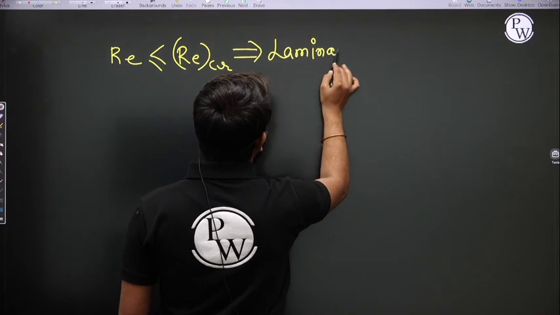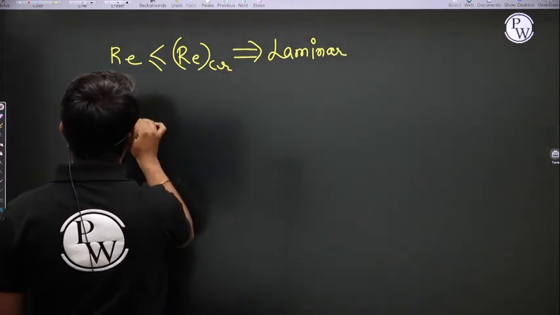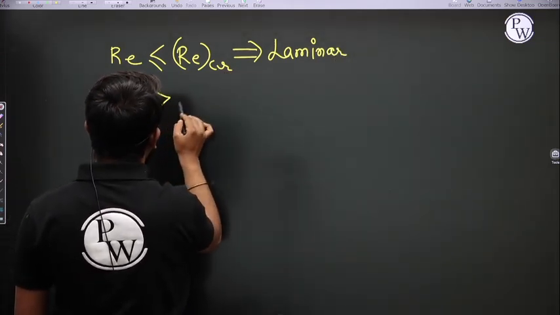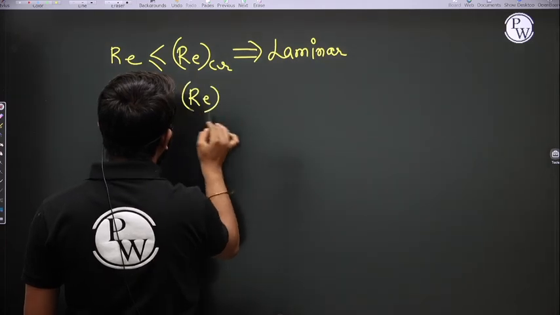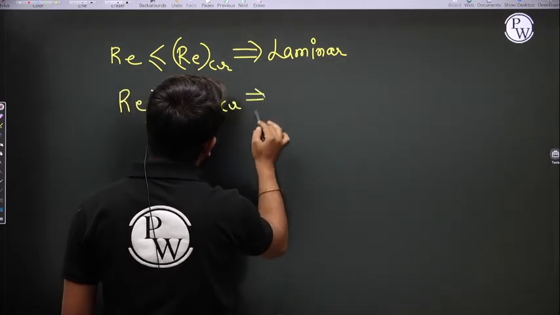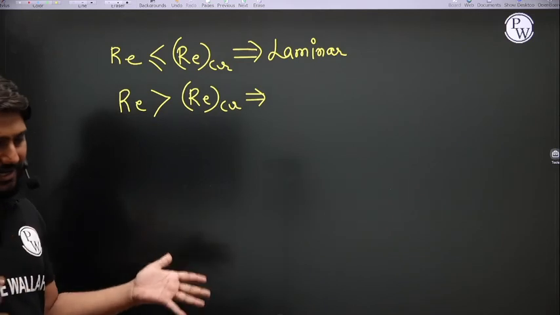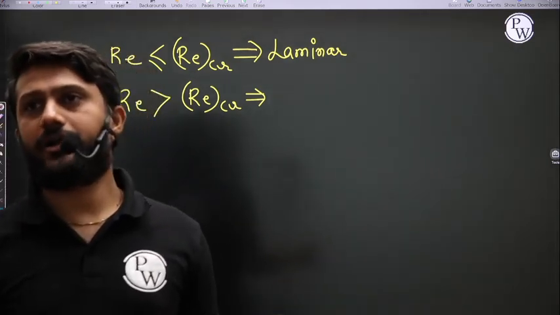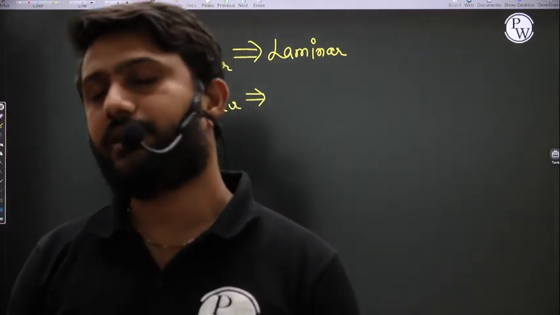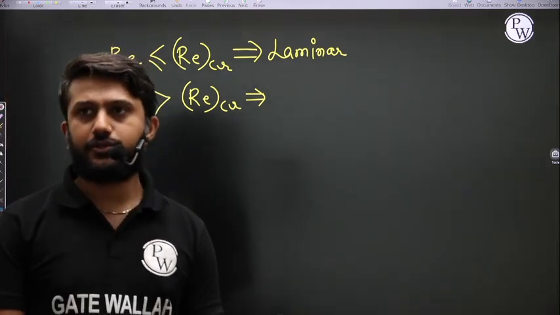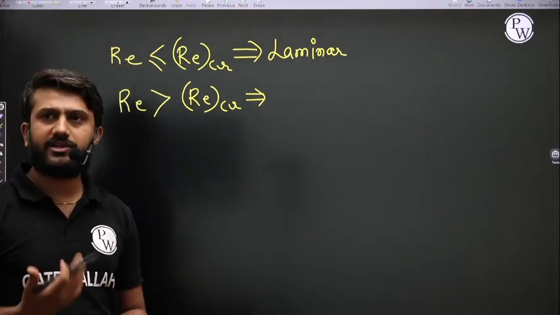And if it is greater than the critical Reynolds number, there is also a flow transition in a certain range of the Reynolds number, but right now I'm not talking about the transition so much.